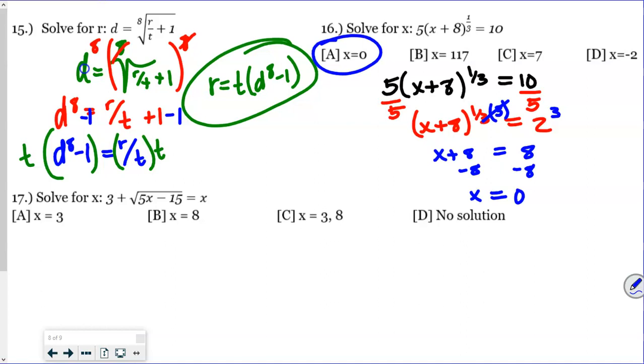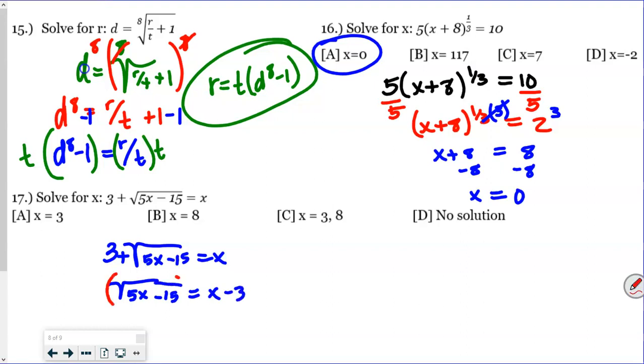Okay? So this one says also solve for x. So we're going to do 3. I'm going to rewrite the problem again. Plus 5x minus 15 equals x. So I'm going to subtract 3 from both sides. So that's going to give me 5x minus 15 equals x minus 3. Now I got to get rid of that square root, right?